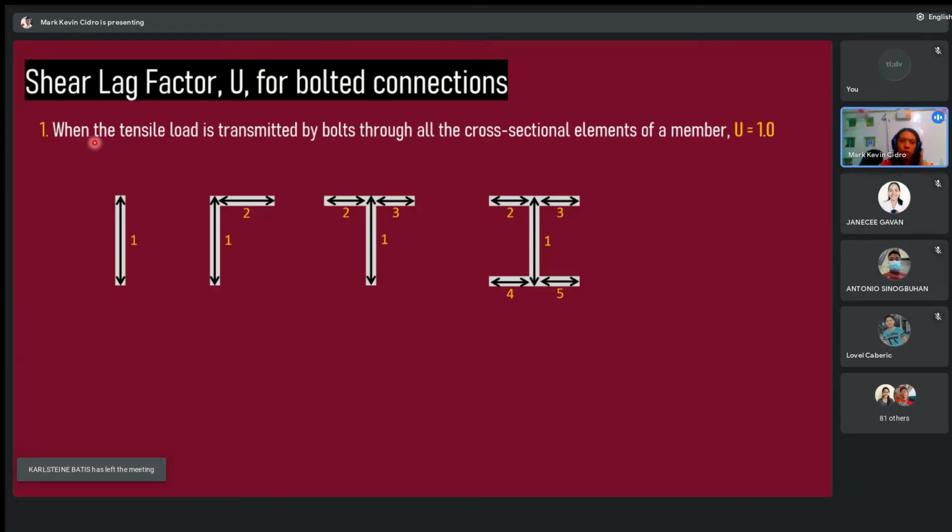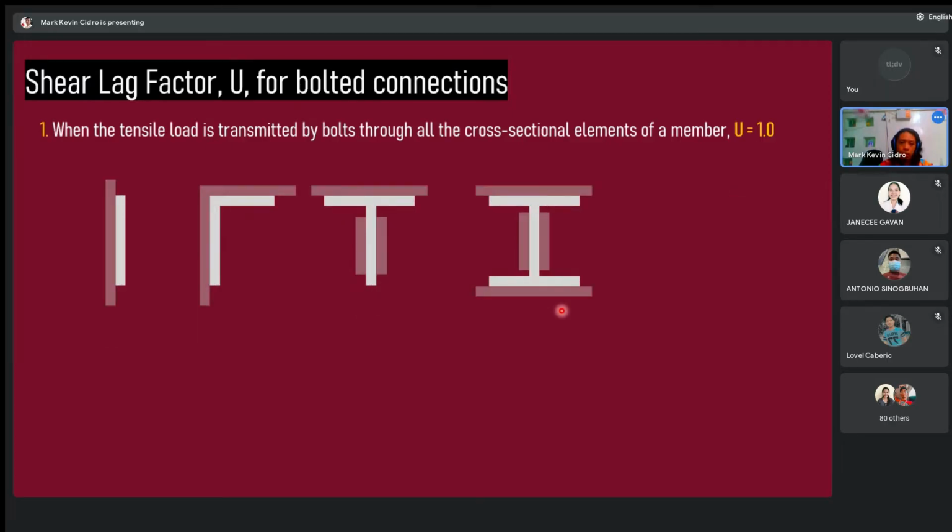When the tensile load is transmitted by bolts in a bolted connection through all the cross-sectional elements of a member, U is 1.0. This means every cross-sectional element has bolts, so U is 1.0. This means the distribution of the load is throughout all the cross-sectional elements.